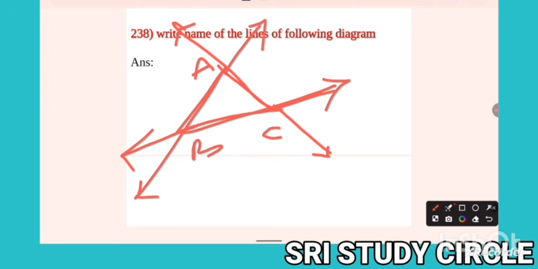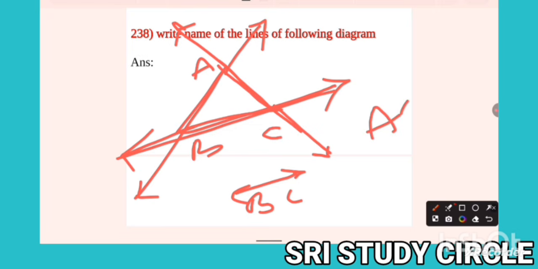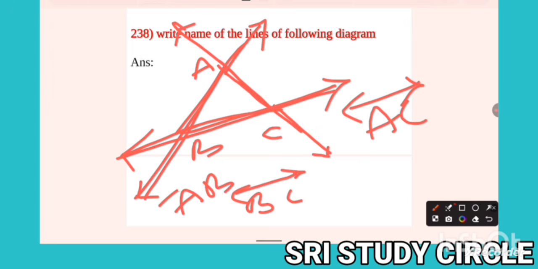Here this line is known as BC line. Here this is known as AC line. This is known as AB line. Okay.